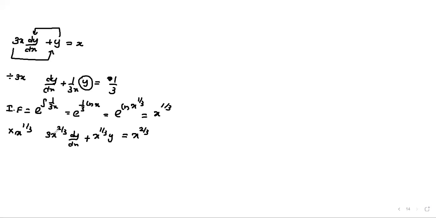Now there seems to be a small issue here. If you multiply 3x by x to the power 1/3, it is 3x to the power 4/3.